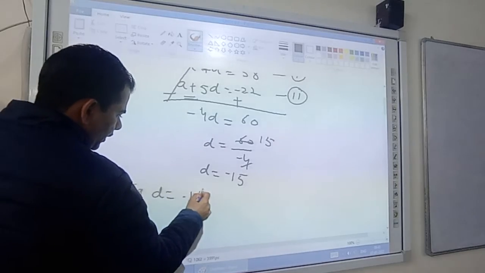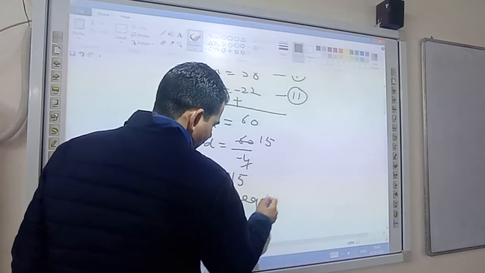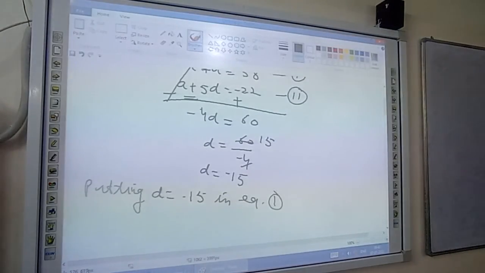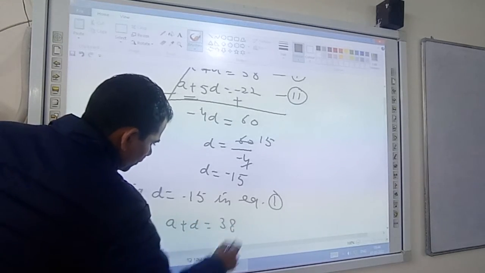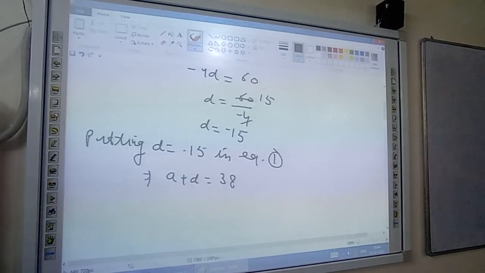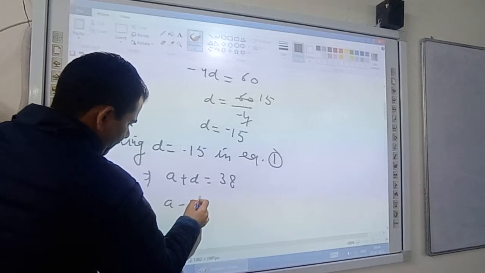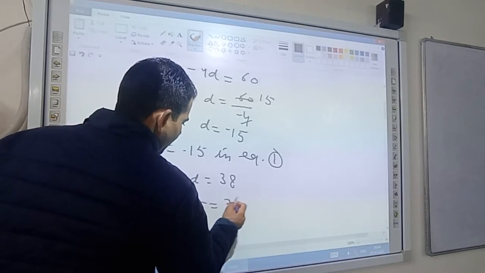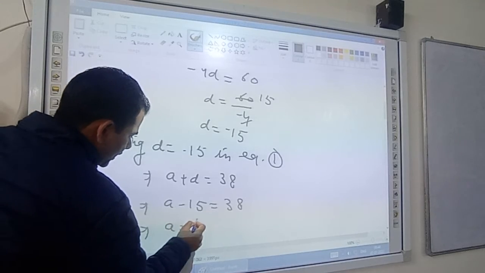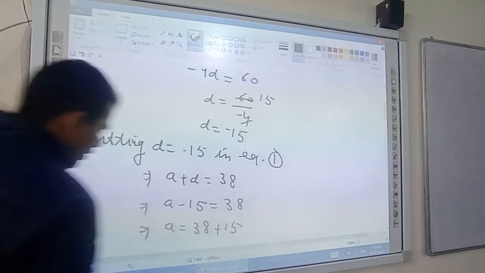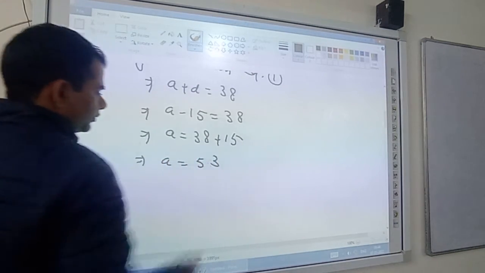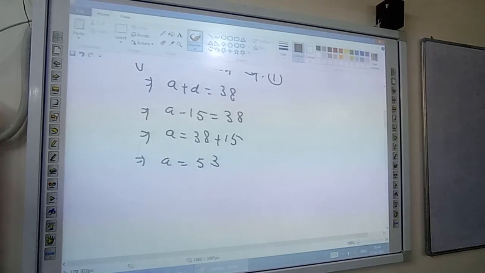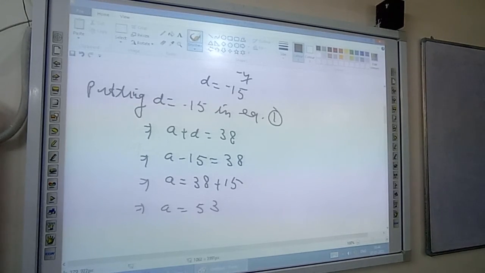A plus D is 38, and the value of D is minus 15. A is 38 plus 15. So the value of A is 53, and D is minus 15.